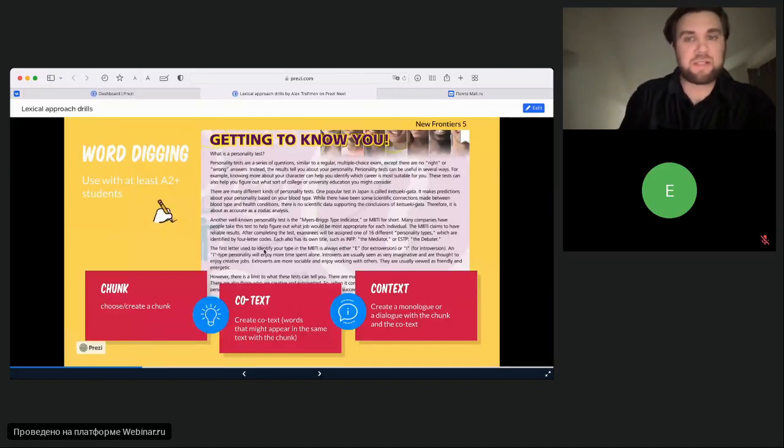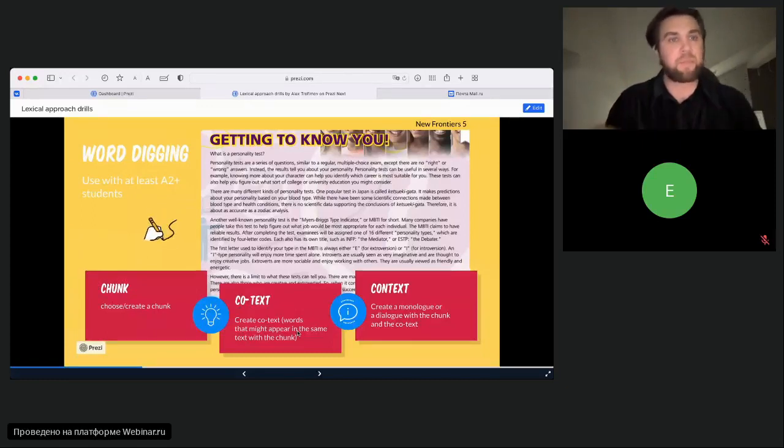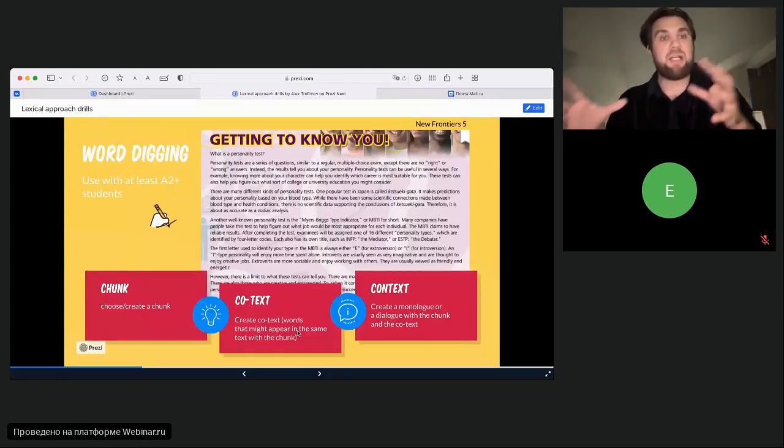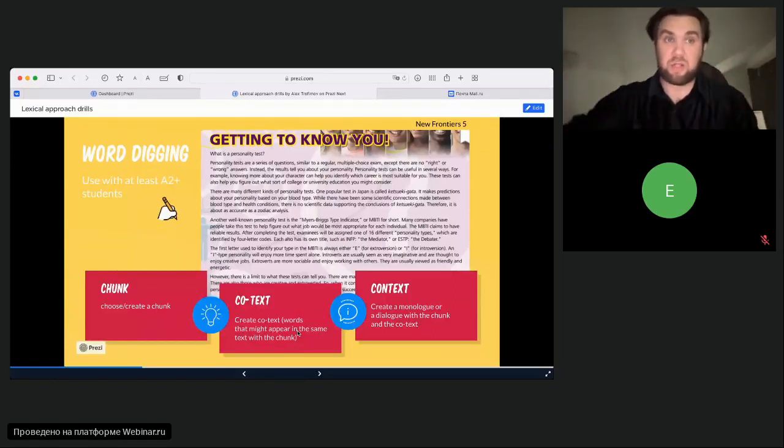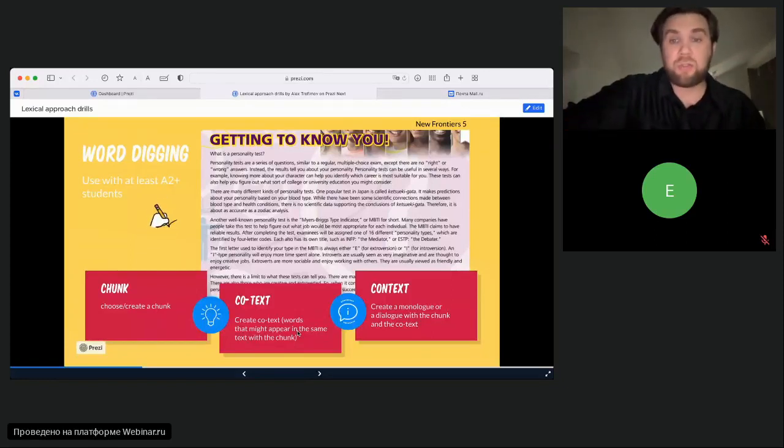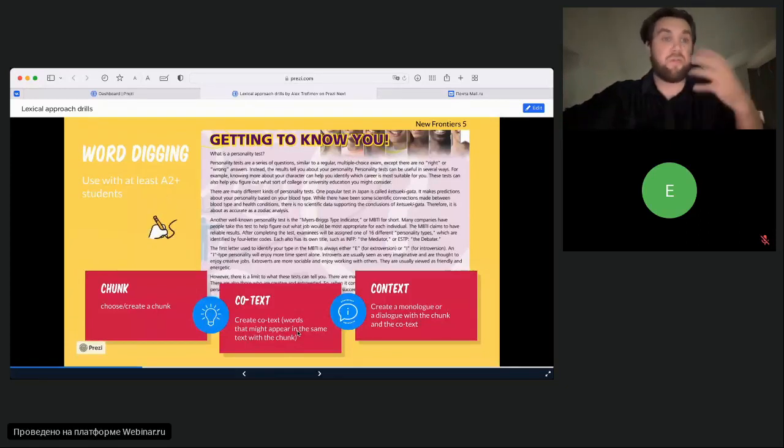The steps of this drill are to create a chunk, if it's not a chunk initially, to create context, and context is words that might appear in the same story, in the same situation with the chunk that we are covering, and to create a finalized monologue or dialogue, like the process of speaking.